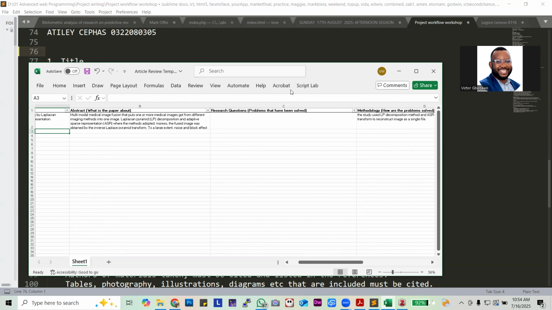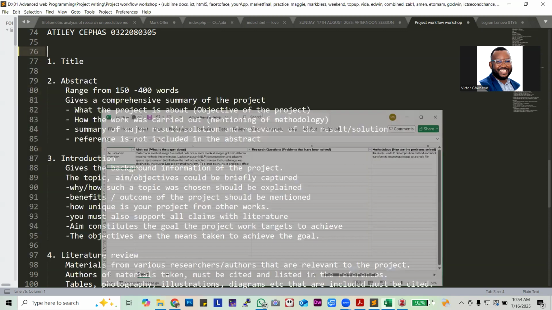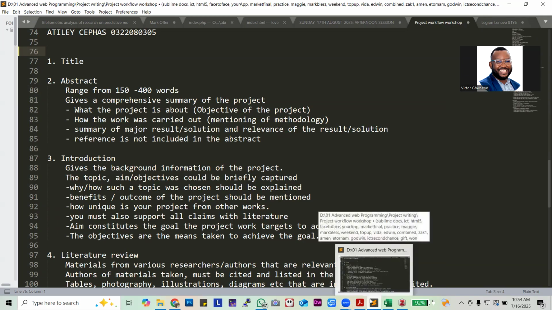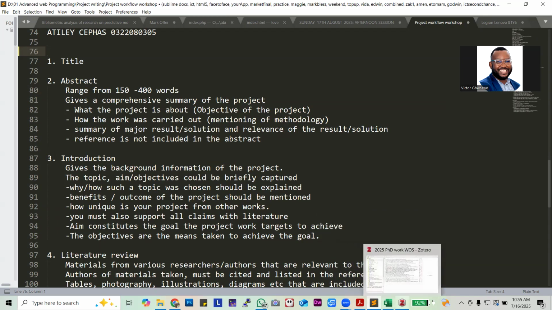So now we have been able to glean this paper. Now the next line of action is to know how to include it in your work. Okay, so let's say that we have a paper that we are working on.